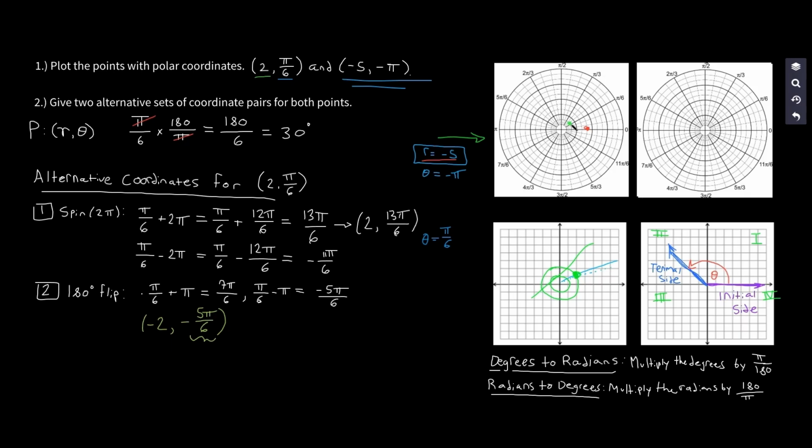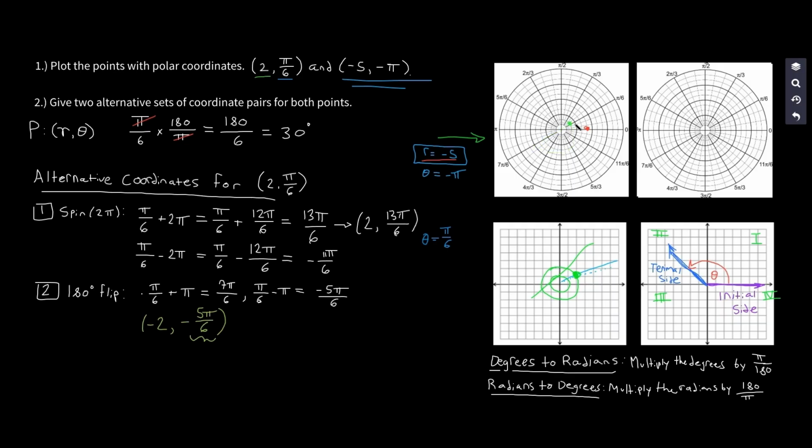Since we subtracted pi, we're going to go -180 degrees, so we're going to move in this direction. But we're going to move from the pole -2 points, so we're just going back to that same point.